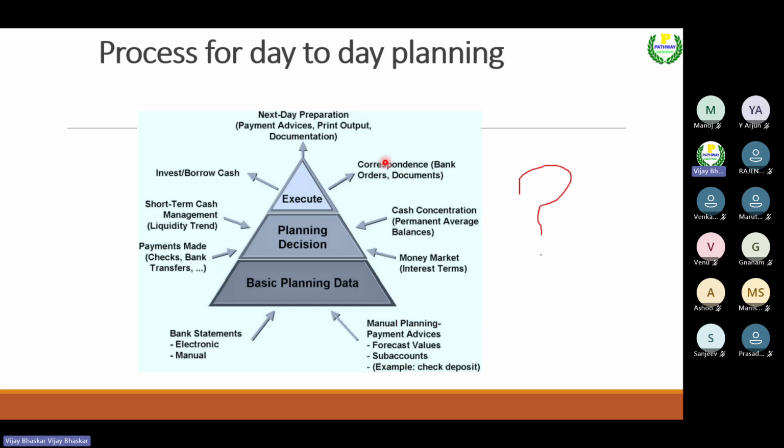The correspondence states the amount we have invested with the bank and the rate of interest, which could be a fixed or floating interest rate. It also covers the terms and conditions: if we partially withdraw, what would be the penalties and charges, and if we break the contract within 1 year, what are the terms and conditions. That information consists of the correspondence, bank orders, and the respective documents to be taken.